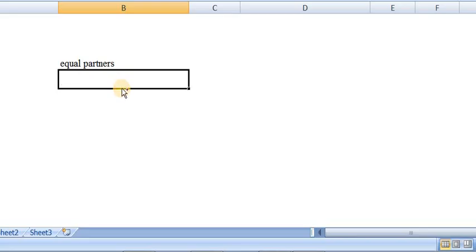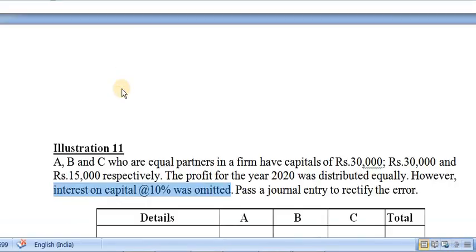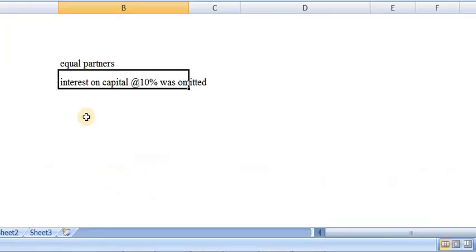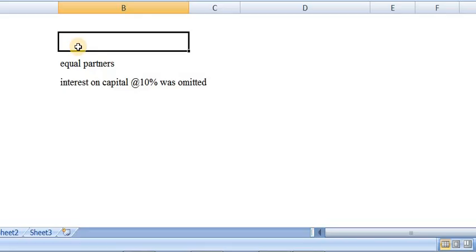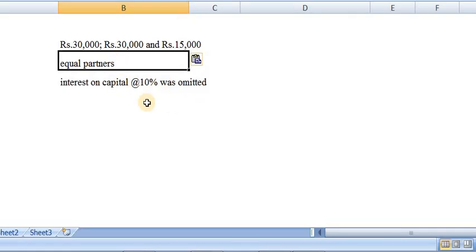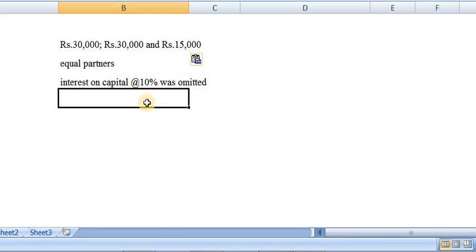Capitals were 30,000, 30,000 and 15,000. I'm just copying so that I can do this easily in Excel. This is actually an Excel sheet. The only thing I removed was the grid lines, to make things look better and easier. So this is the story.